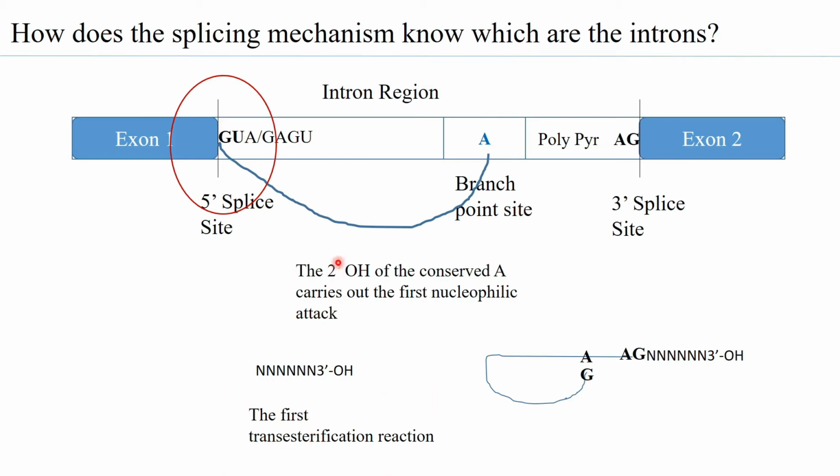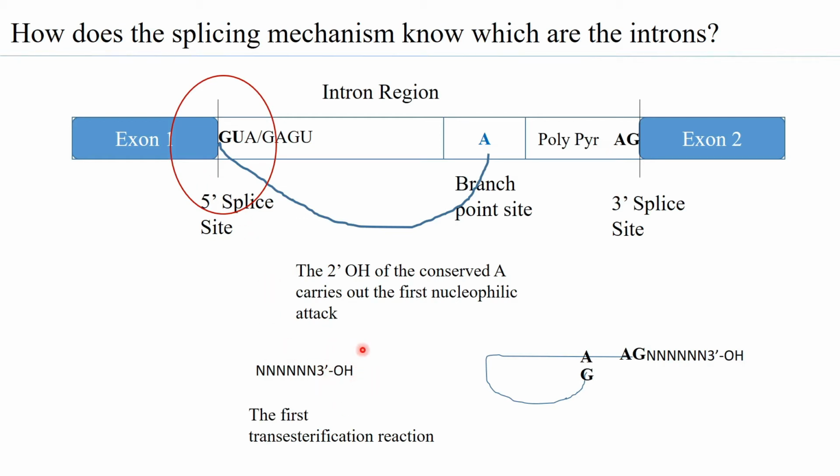So what you can see now is very clear. Exon 1 has been removed from the intron, but this intron is still bound to exon 2 through its 3' splice site. So the next reaction that will happen is thanks to the 3' OH of exon 1.